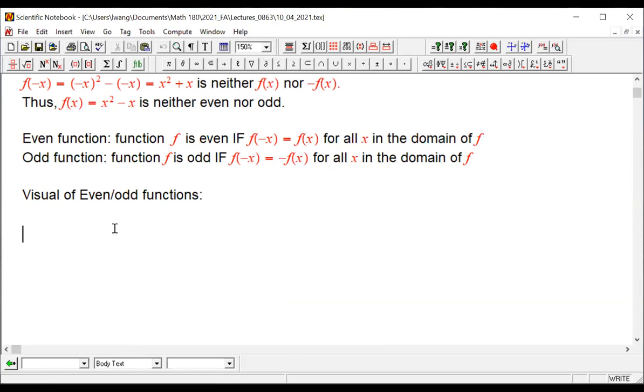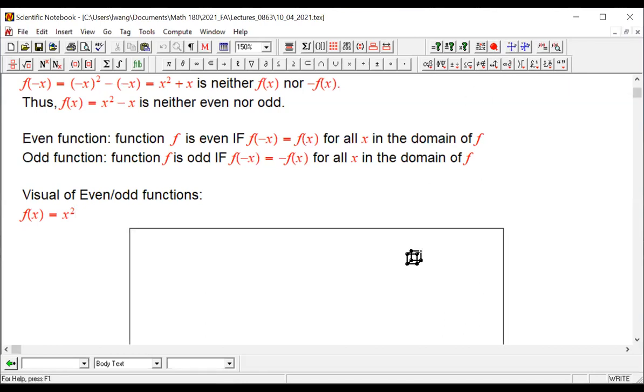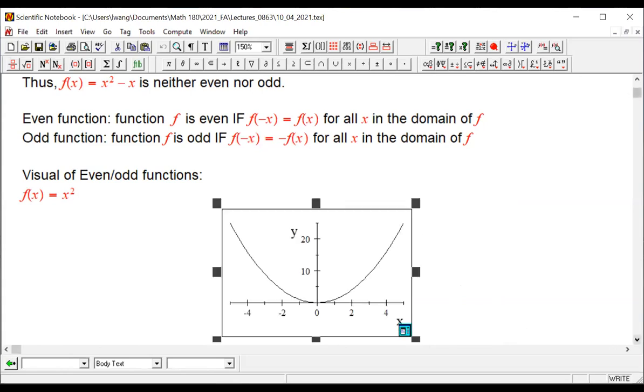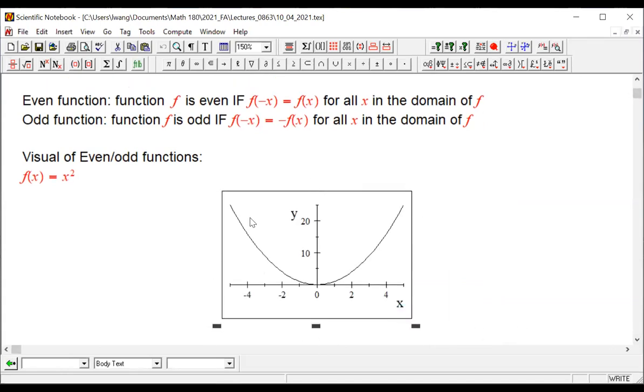What is the visual of it? First of all, let's look at the visual. We know this function is even. X squared is even. Do we know the graph of x squared? Everybody should know that. We've done the graph, we analyzed the domain and range.